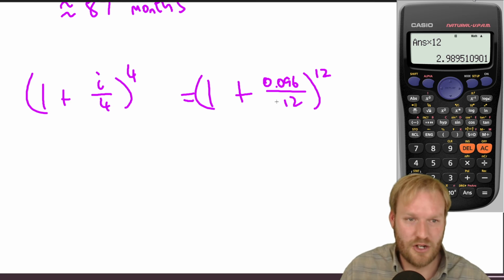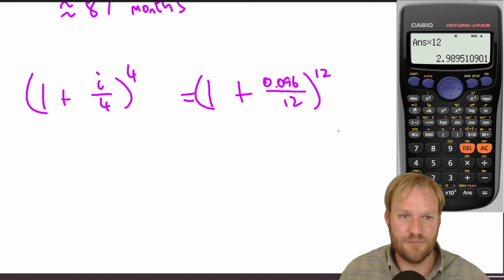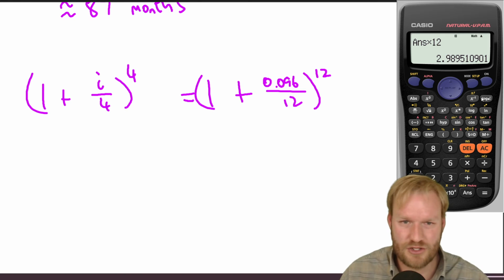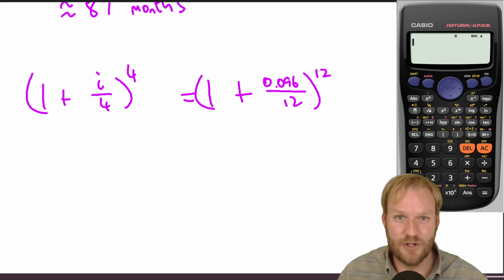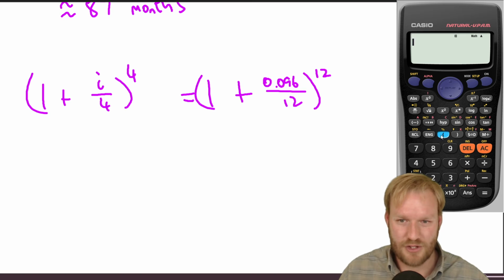And what we don't know is the i on that side. Okay, so let's work this out. Now, I know that I've got this actually stored in the variable A, but I'm going to just retype it all. So our right-hand side is 1 plus 0.096 over 12, and we're raising that to the power of 12.